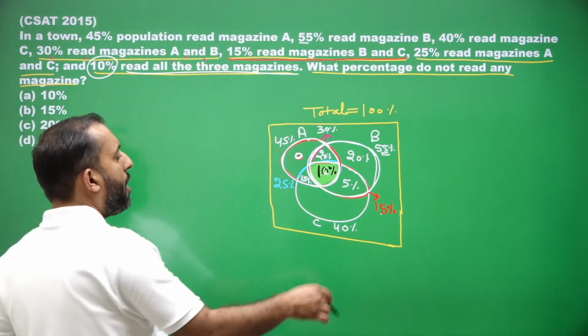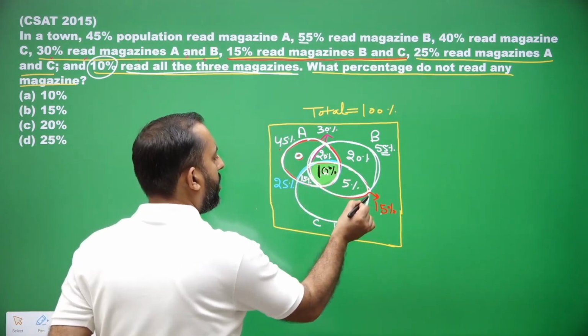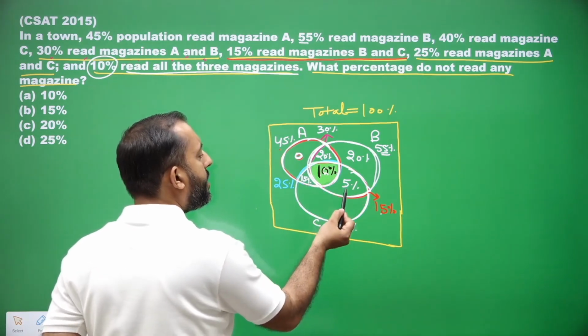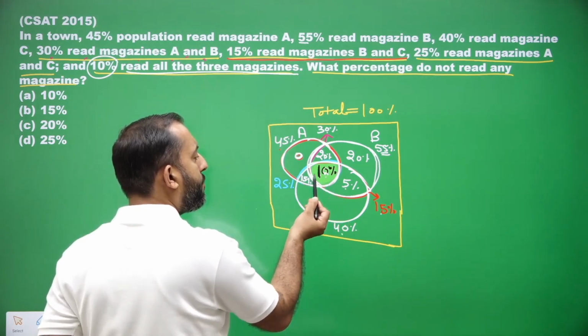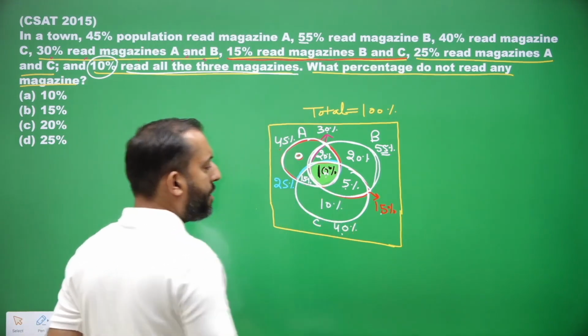Okay. Similarly, if you pay attention to this complete circle of C, the complete value is 40%. Out of 40%, 5% is here, 10% is here, and 15% is here. So 5 plus 10, 15 plus 15 is 30. So this remaining region is only 10%.